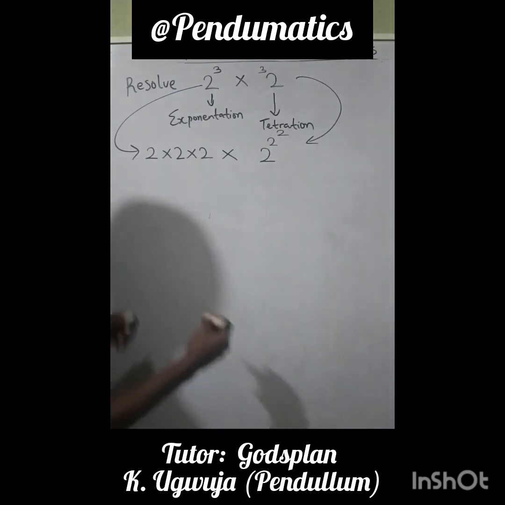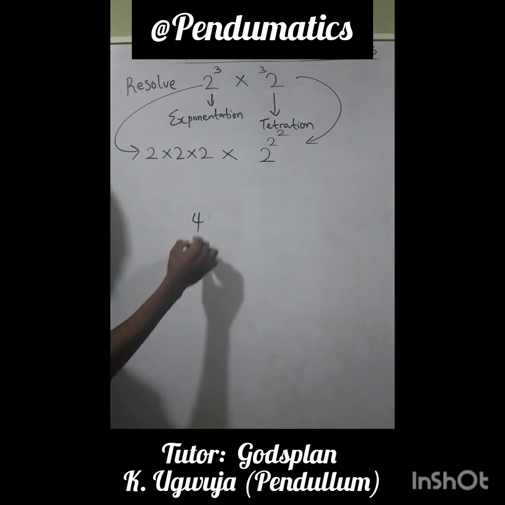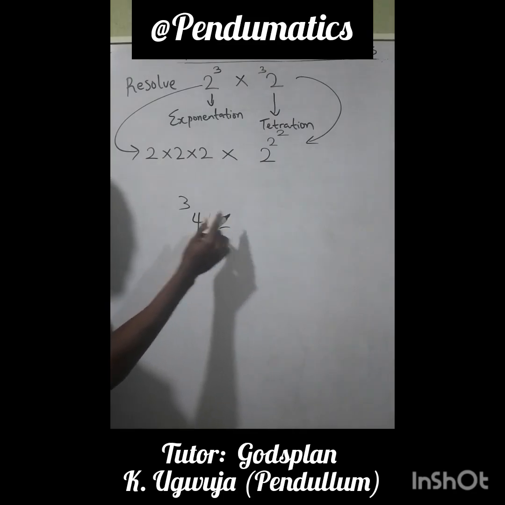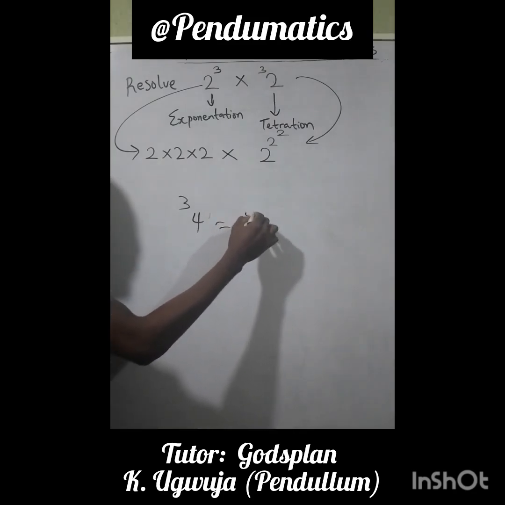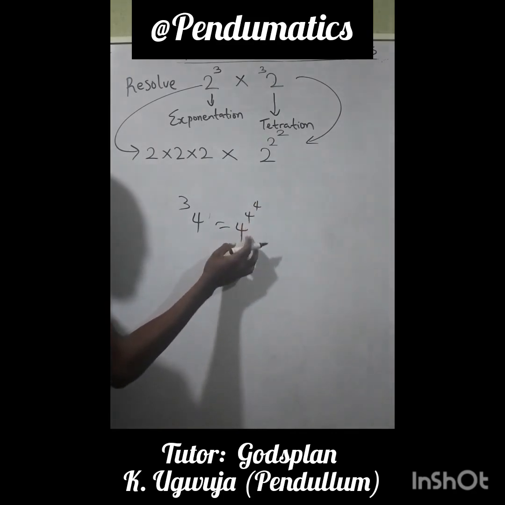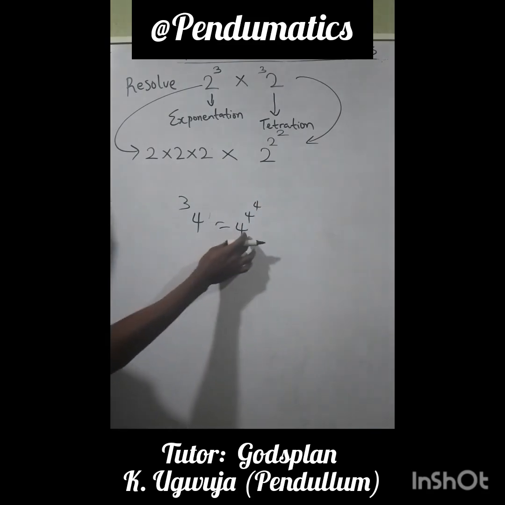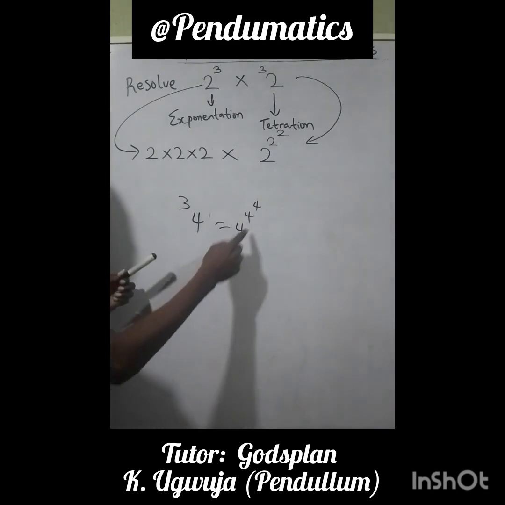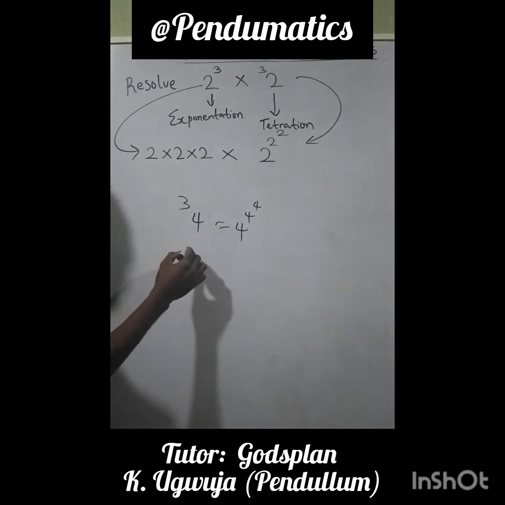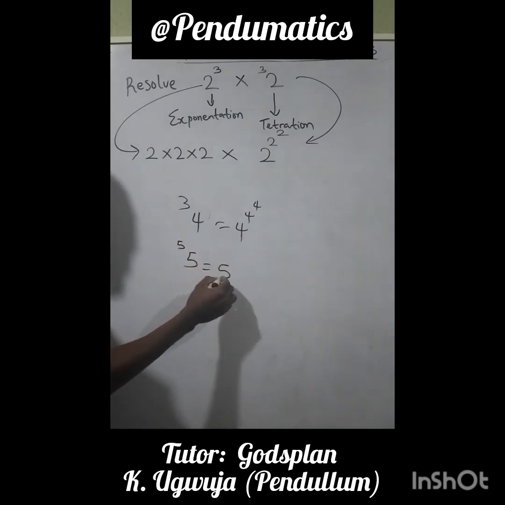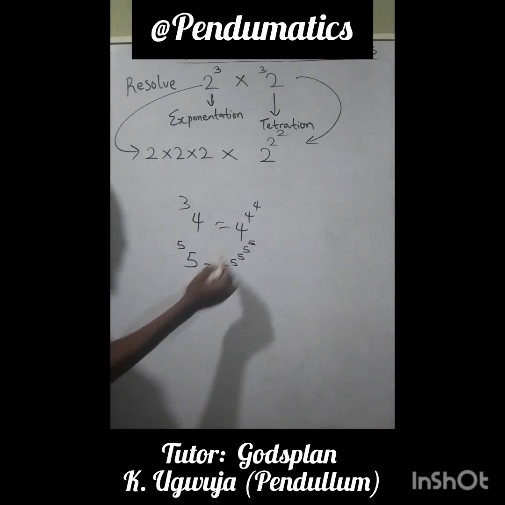If it was 4 tetration 3, this would be 4 raised to power 4 raised to power 4. If it was 5 tetration 5, that would be 5 raised to power 5, 2, 3, 4, 5.